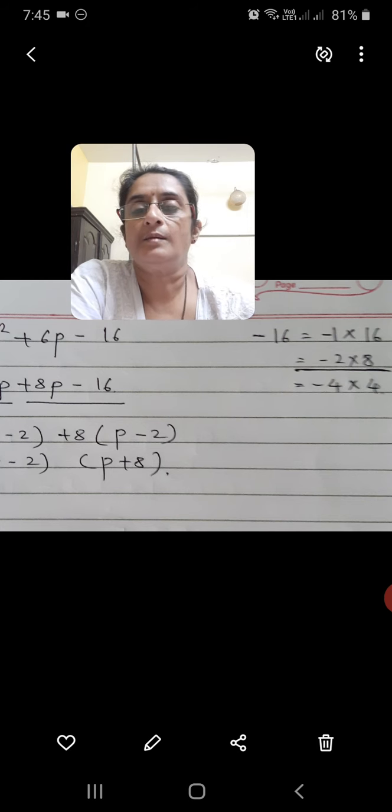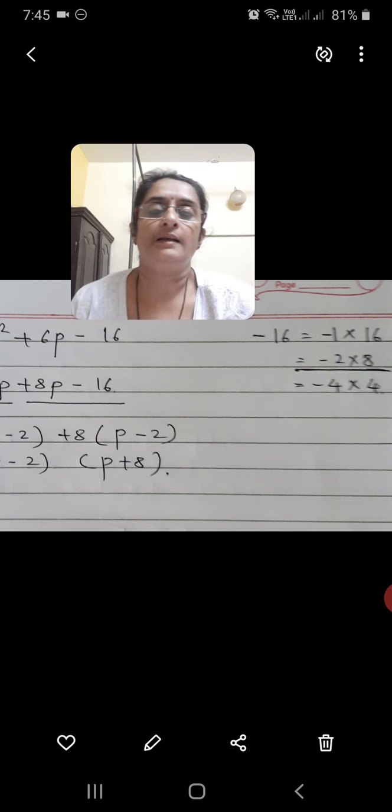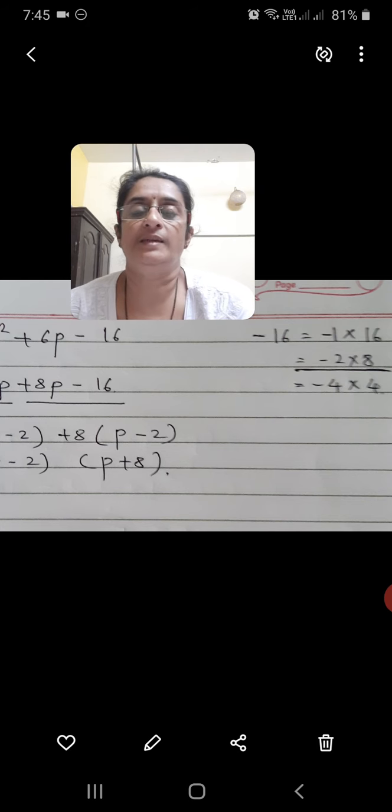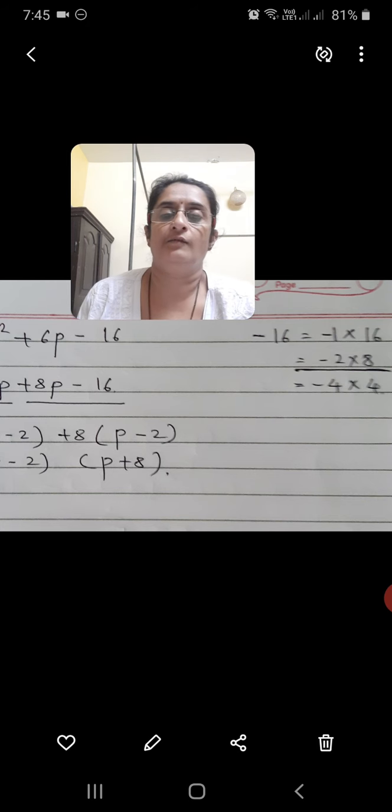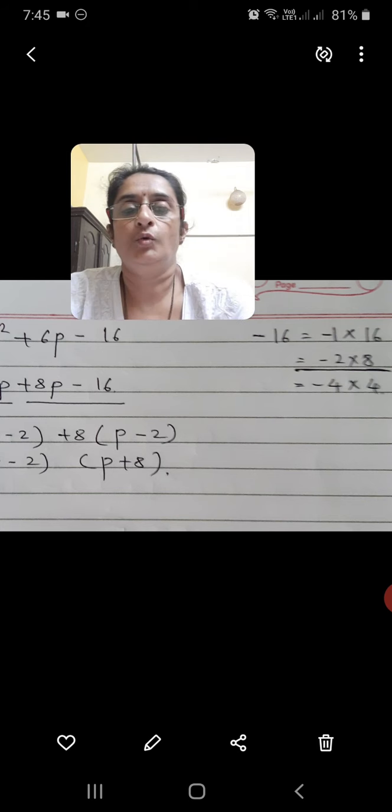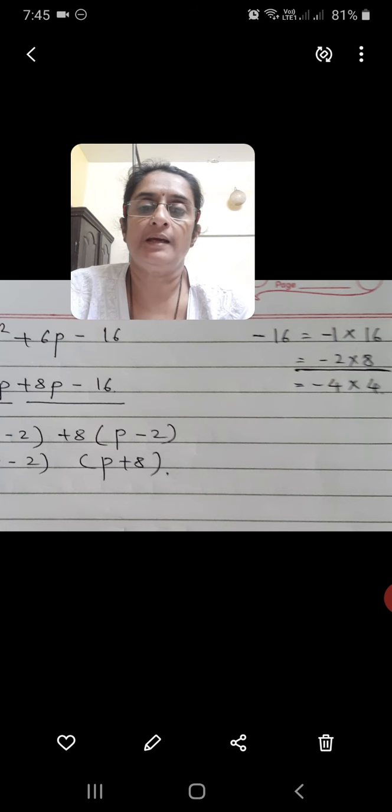Now see the middle term, we need 6. So either the addition or subtraction of these factors should be 6. So 16 and 1 we won't get. 2 and 8, the subtraction can be 6. And 4 and 4, neither addition nor subtraction can be 6.